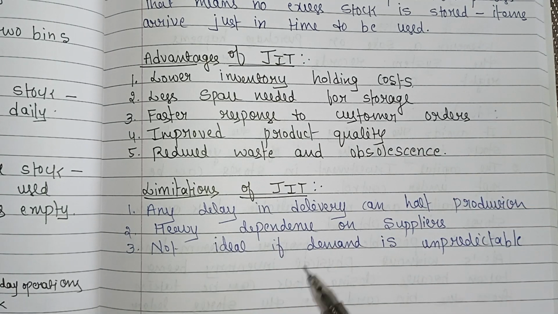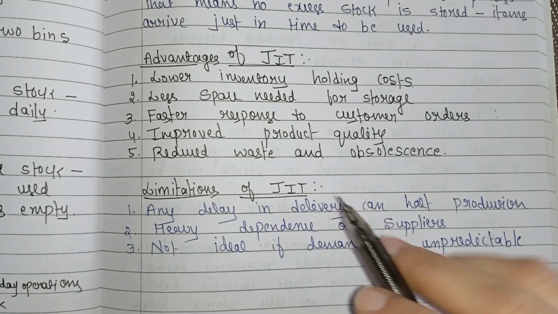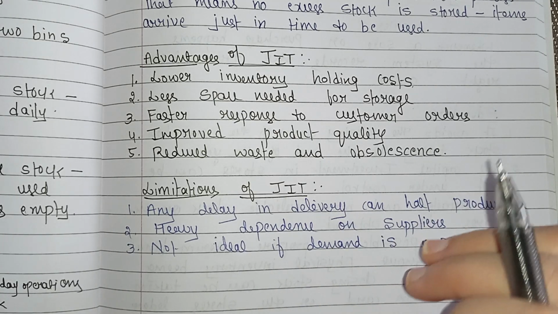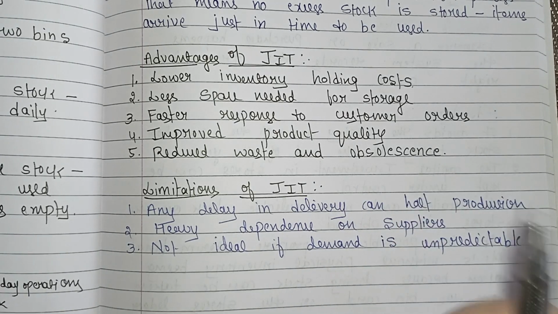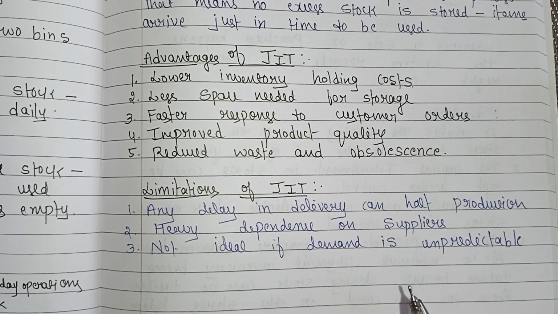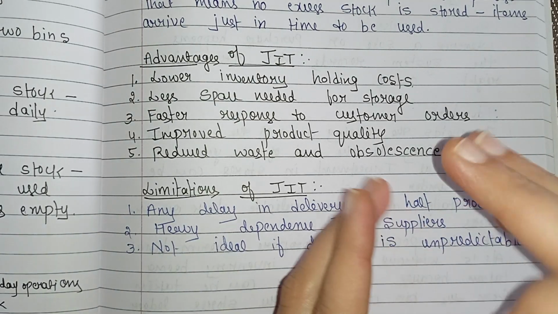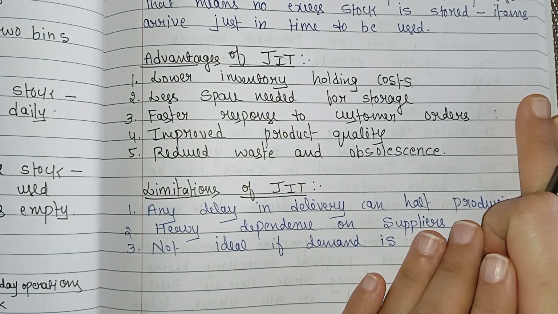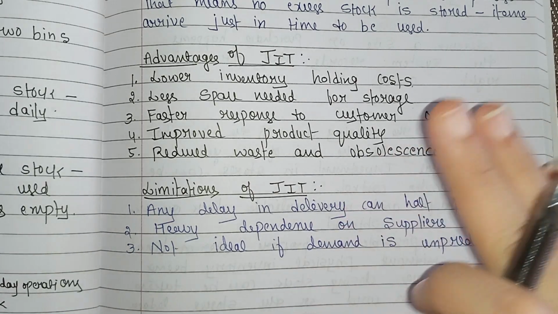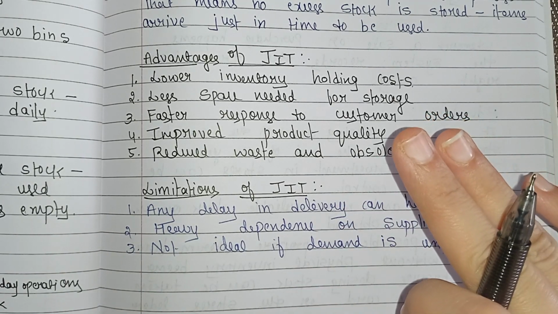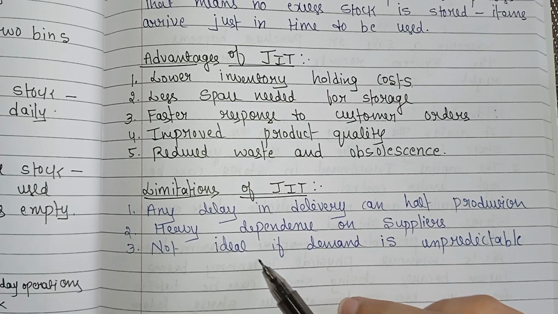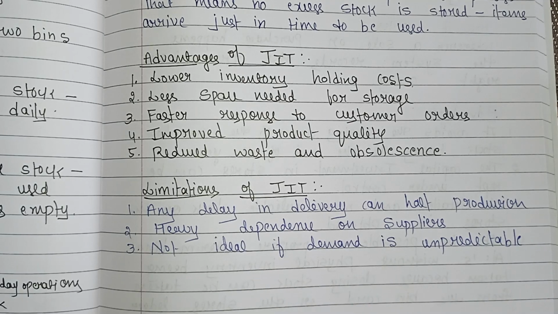And second one is heavy dependence on the suppliers, because production relies on timely and accurate deliveries. In JIT, we order the materials only according to our requirements. So if a supplier fails to deliver the right materials at the right time, it can disrupt the whole operation. Third one is not ideal if demand is unpredictable.